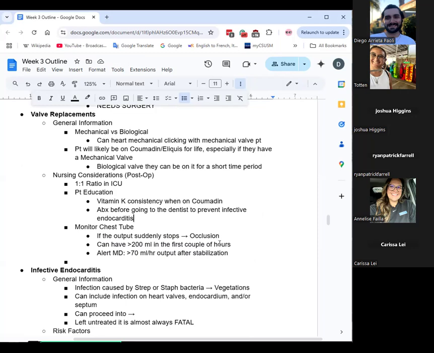Anything else to monitor with these people? So they're on a chest tube. What are they losing? What do you want to assess? I'm sure we said it before, but I'm just going to scroll.